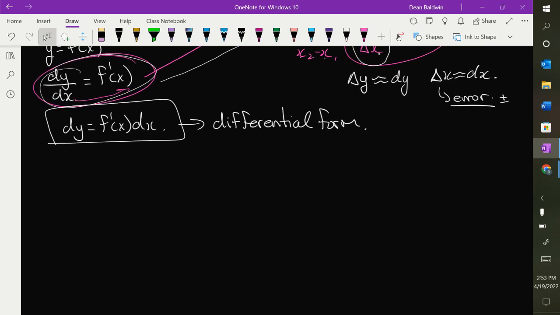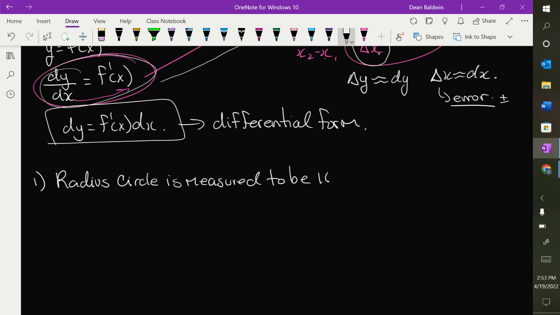So if I have a question that says the radius of a circle is measured to be 16 centimeters plus or minus 0.25 centimeters.